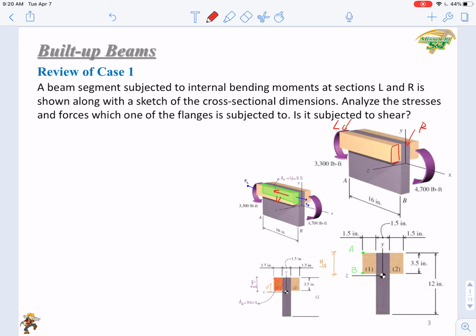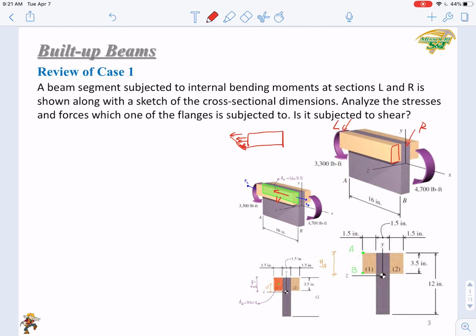Please recall how we analyzed this case. First of all, we cut the flange out, and then we analyze its bending stresses. If you still remember, on the left hand side it's subjected to bending stress like this.